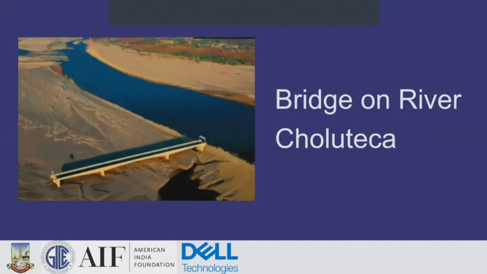So going ahead, the image shows a 484-meter long bridge on the river Choluteca located in Honduras in Central America. In 1996, the government had some brilliant architectural minds, and they constructed a bridge to withstand storms and hurricanes. However, 2 years later, Atlantic's second deadliest hurricane struck Central America.